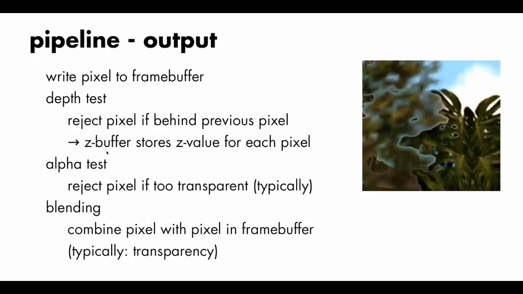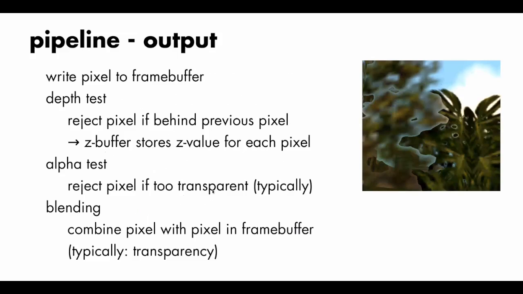Which means we have to keep track of how far the pixels are into the screen, so to speak, so that we can decide whether to reject it or not. And that's what we need a Z buffer for. So it stores a depth value for every pixel on screen. Another test is the alpha test, and usually it's used to reject pixels that are too transparent to be visible.